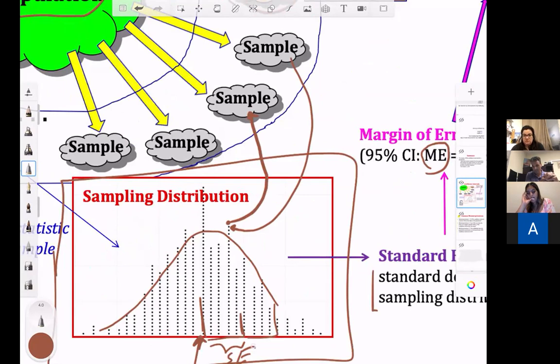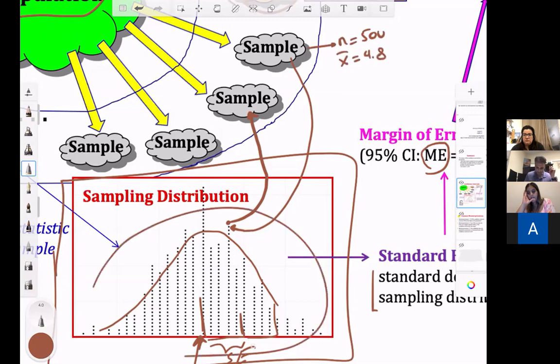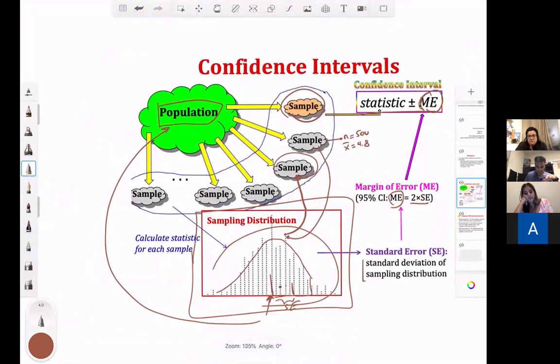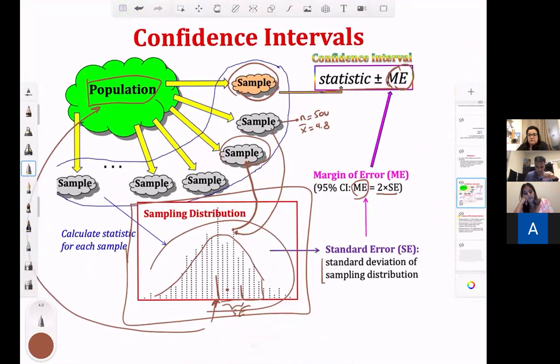For example, this sample has n equal to 500 and x bar equal to 4.8. If this is an x bar graph, it's going to be here. Then I do the same thing for another sample and we plot it. And after graphing them, you will get a bell shape.